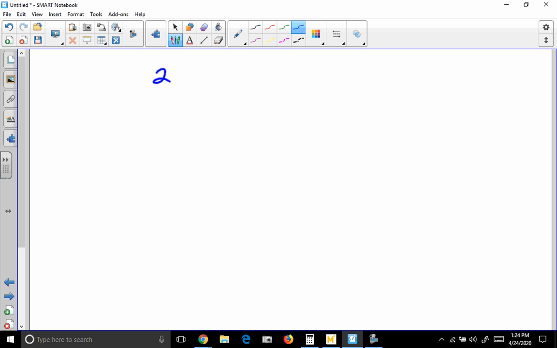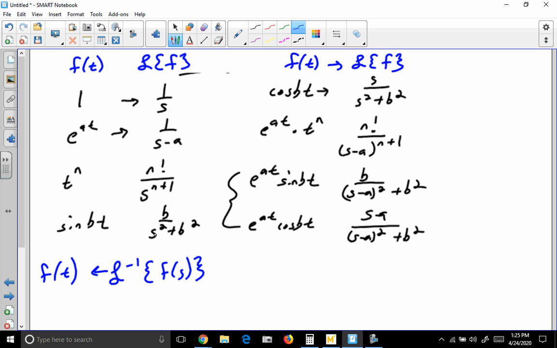So if we have 2 over s squared plus 4, let's transform it back to f of t. So let's do the inverse Laplace transform of that particular function. So if we look back at our list, one of our lists has a constant on top, s squared plus a constant squared on bottom.